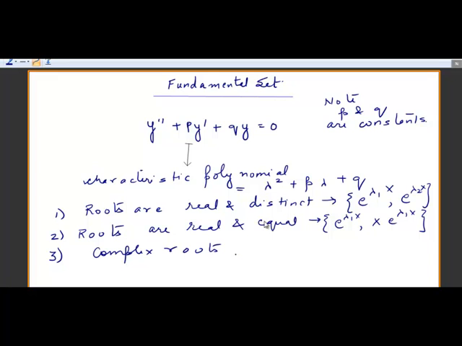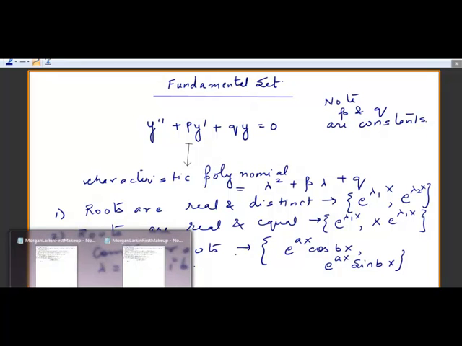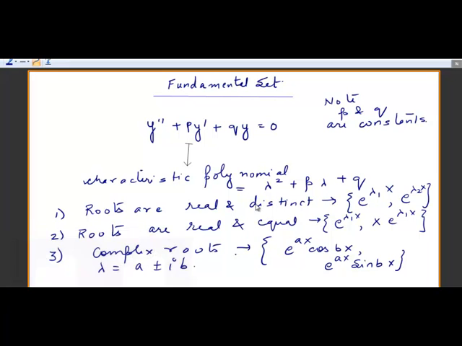And then for complex roots, you will have e to the power ax cosine bx and e to the power ax sine bx, provided your roots look like a plus minus ib. So these will be three scenarios. Now let's see through an example how to deal with the problems in each of the cases.